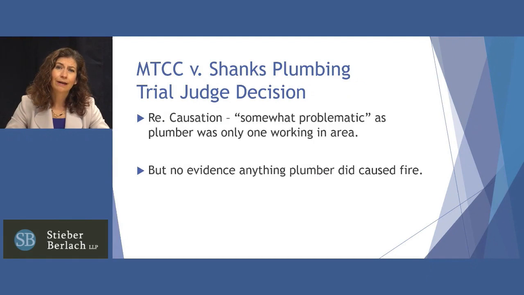And there was no other evidence as to what could have caused the fire. There was no other non-negligent activity that might have caused the fire. Like, for example, no one was putting forward evidence of arson or of a lightning strike in the area or anything like that. On the flip side, there was no evidence that anything the plumber did caused the fire.